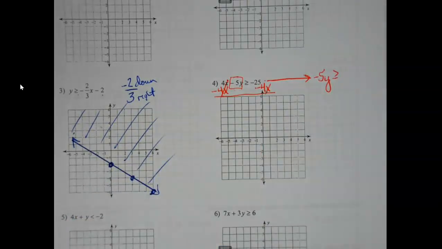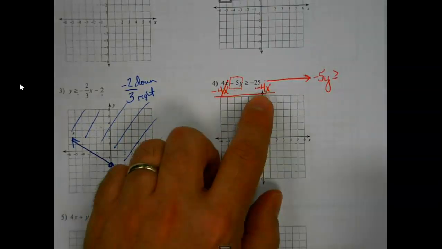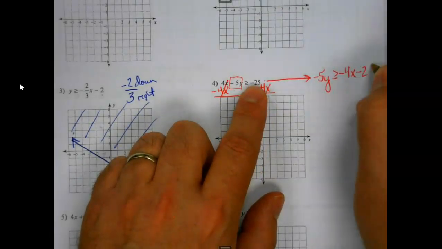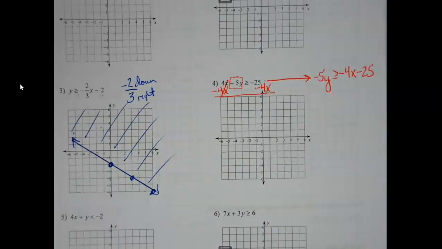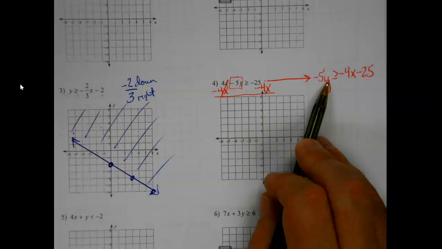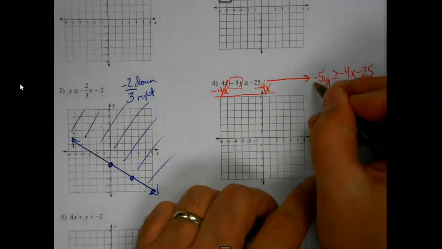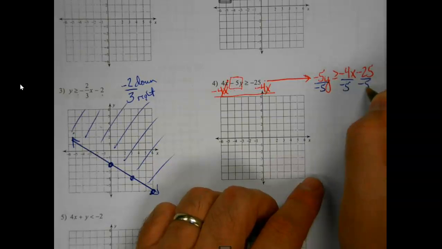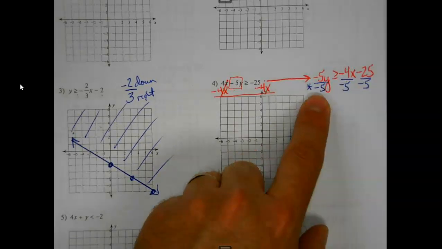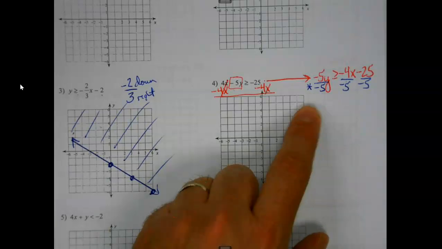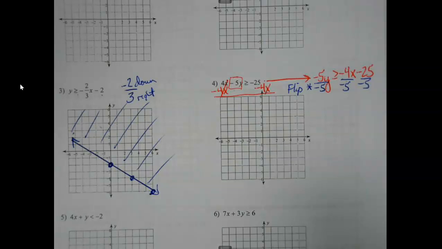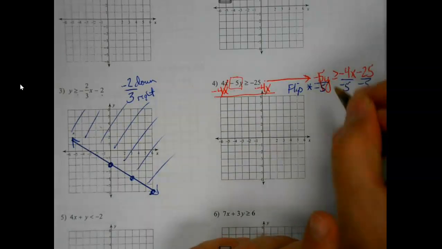Everything needs to be in slope-intercept form, which means the x term comes first after the arrow. But y is still not alone. And so in this case, not every case, just this one, if you're dividing everything by a negative, we've got to remind ourselves in that case to flip the arrow. Not every single time.